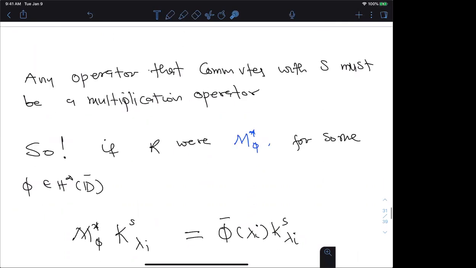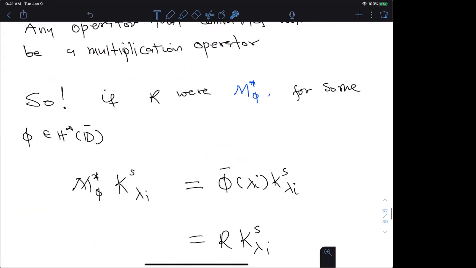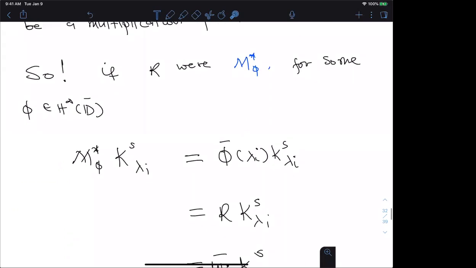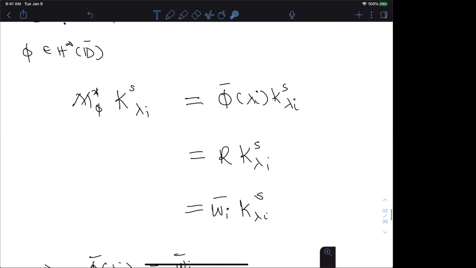So in that case, R is nothing but the adjoint of a multiplication operator restricted to the subspace M, for some phi in the Hardy space. So by definition, M star phi, the adjoint operator, acts on the kernel elements as such.